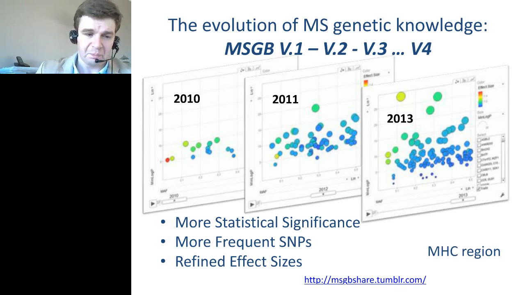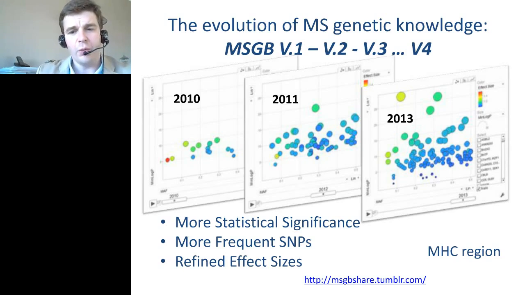So for genome-wide association studies, it's not so much of a problem because we're usually obsessed by p-value, that's the statistical significance of the finding, and we certainly don't want to report a false positive. So we're very, very cautious about publishing regions that we think are truly associated with MS. What marker we're going to use, we don't care so much, and we don't look so much at their properties.